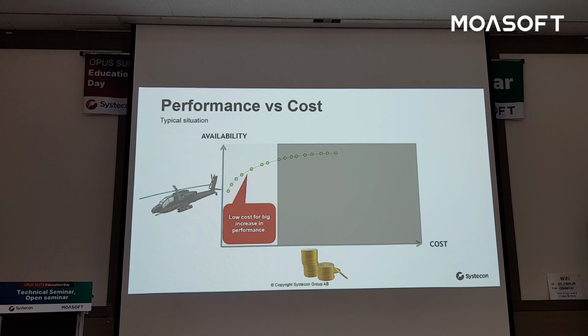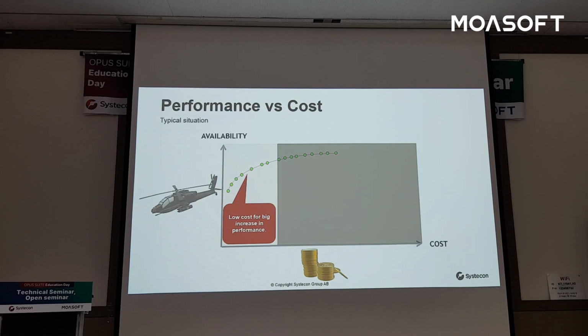And what you can say here is that the steepness of the curve will change. So typically how a curve like this looks is that for the first points, the early points on the curve, the cost per increase in performance is often quite low.